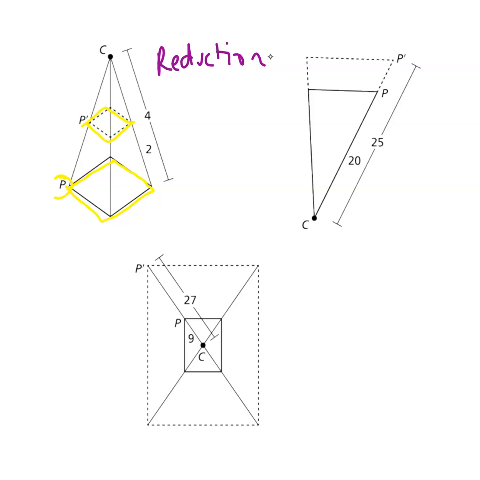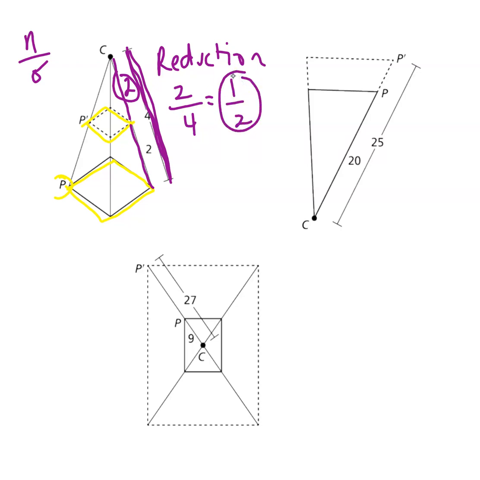And then to get the scale factor, remember we do new over old. So the new length, well, let's see. This length from here to here is 4. This is 2, which means this is also 2. So this is our new 2 over our original distance here, which is 4, which is 1/2.